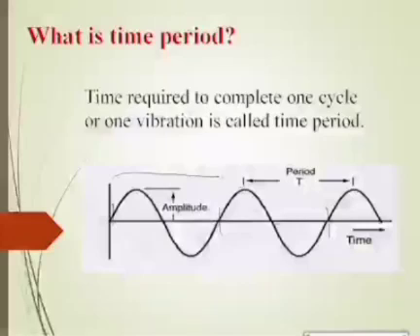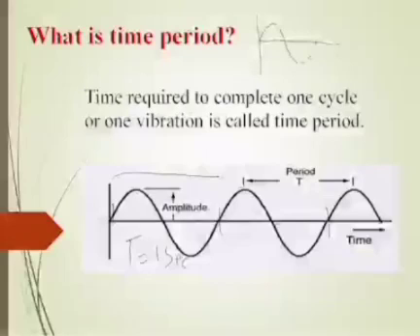If a body completes one vibration in 1 second, then the time period will be equal to 1 second. Here, second is the unit of the time period. But suppose a body completes one vibration, this is the vibration that is completed by the body.